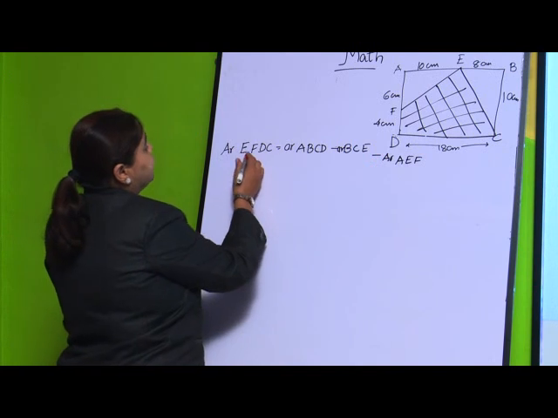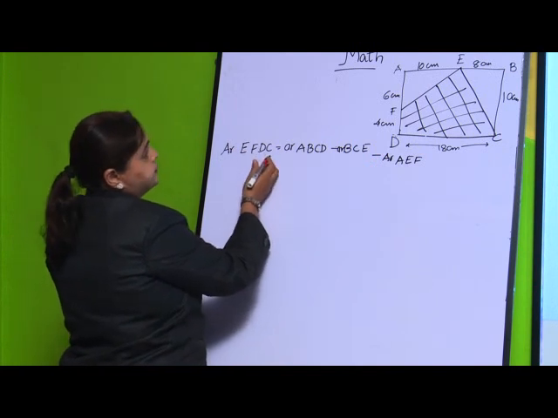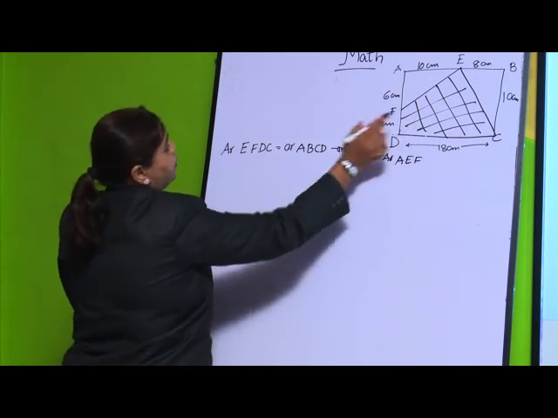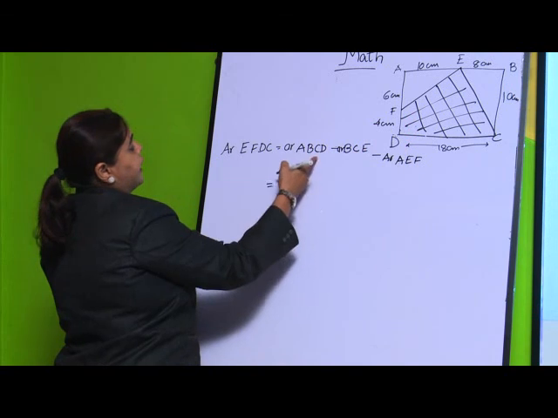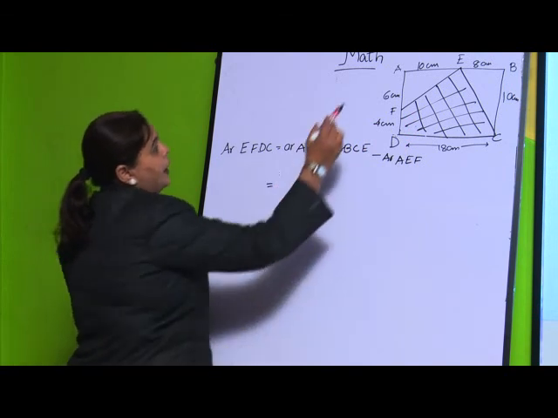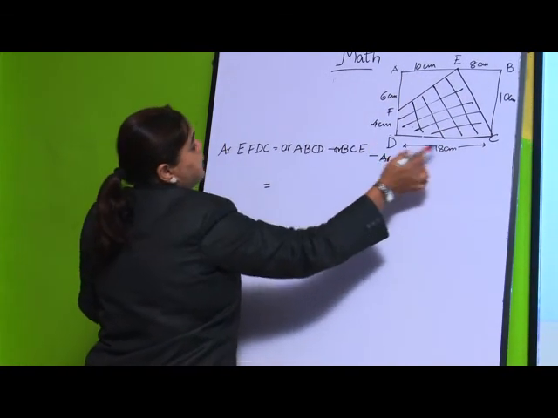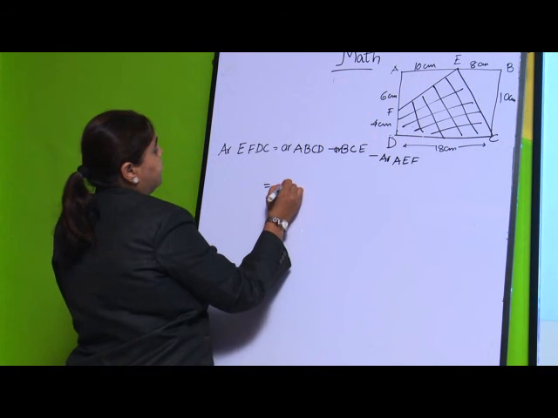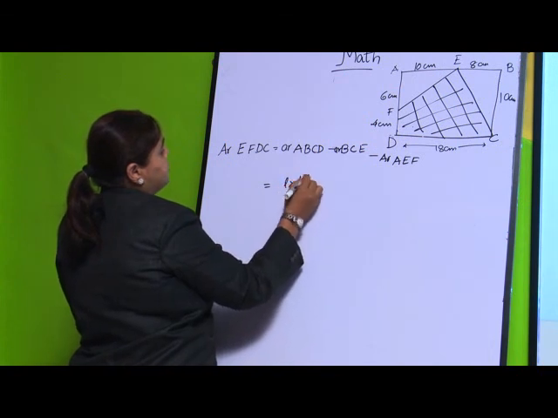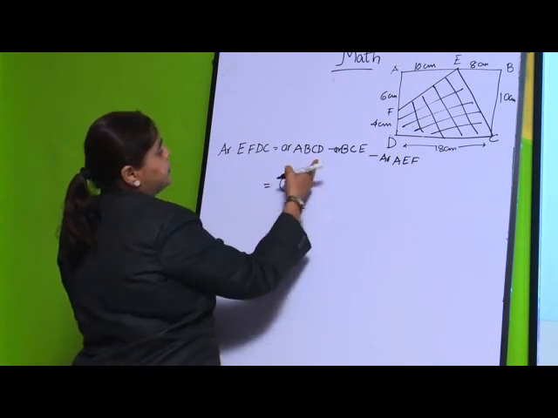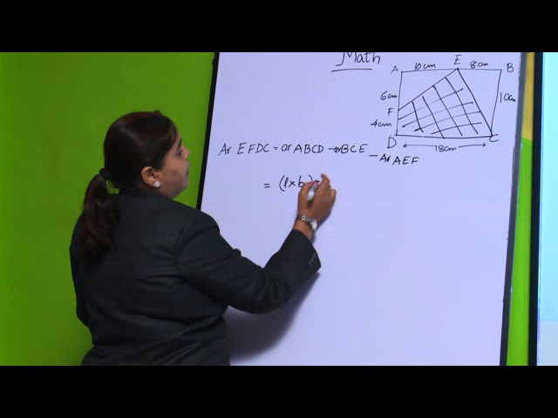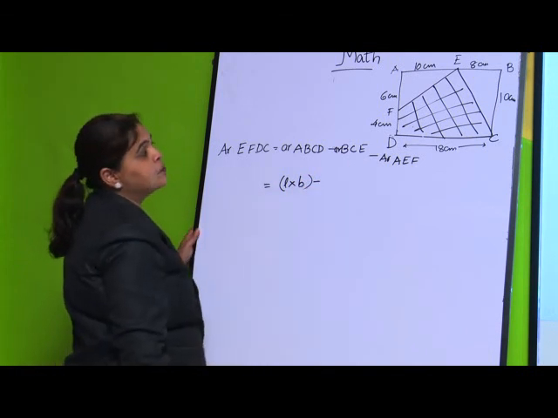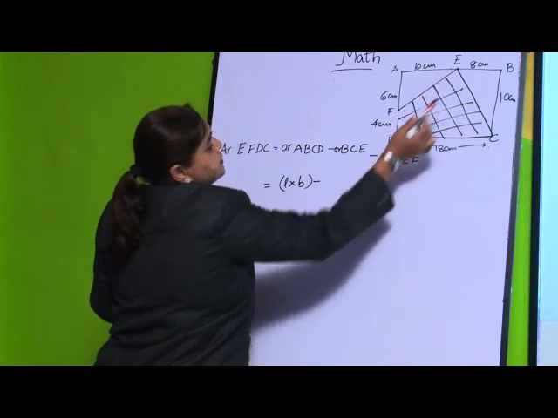So, to find out the area of EFDC, it is equal to, now what is the area of ABCD? ABCD is nothing but length into breadth. I will write here, so you will understand by the first step. Length into breadth is nothing but area of a rectangle, minus BCE. BCE is a triangle.